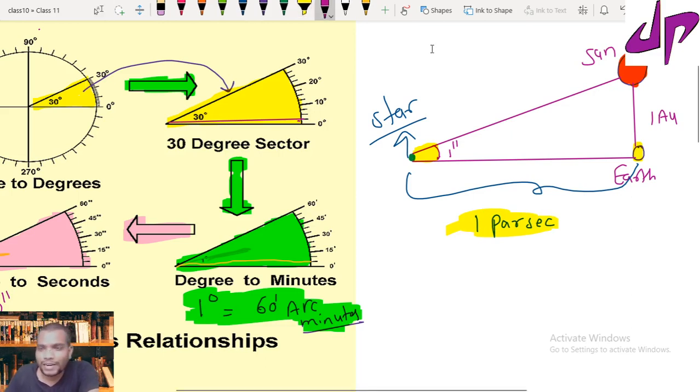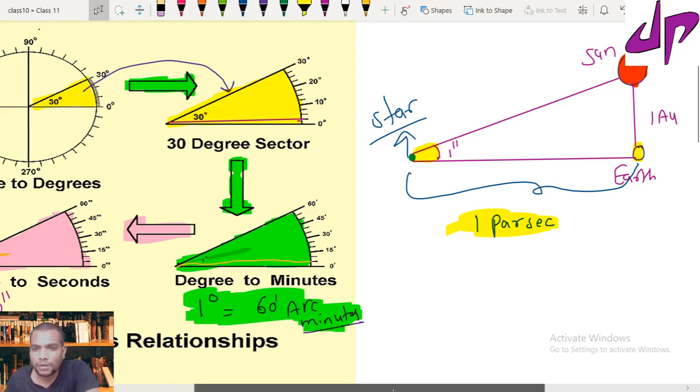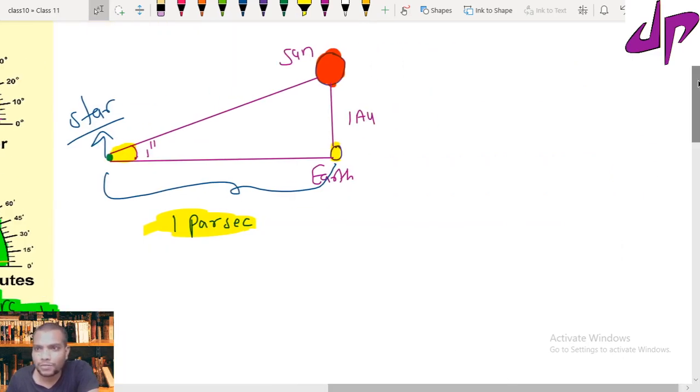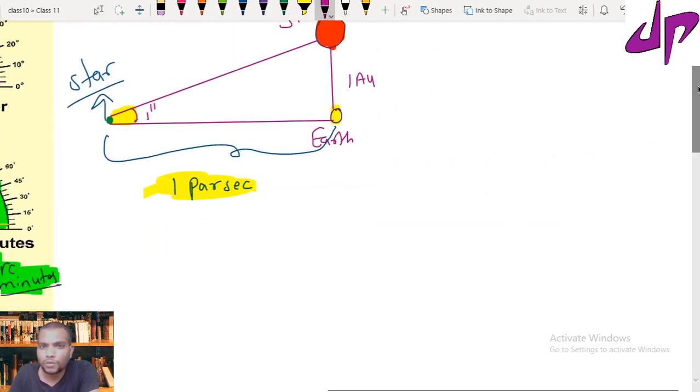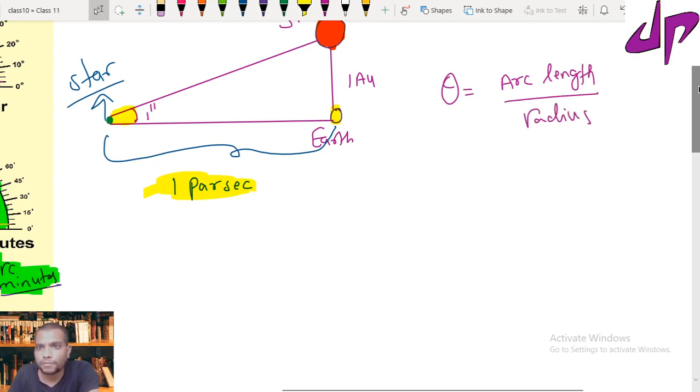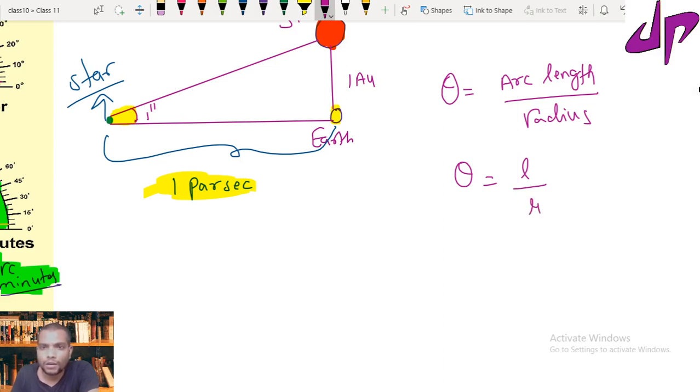Now how can we write this in terms of a formula? We know that theta equals, what is that? Arc length by radius. So suppose theta, arc length is L and the radius is R. Therefore I can write R equals L upon theta.